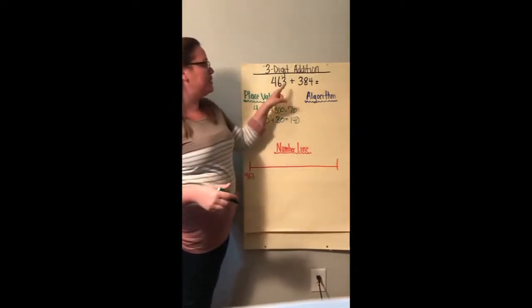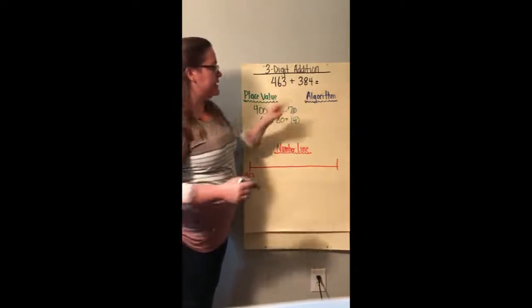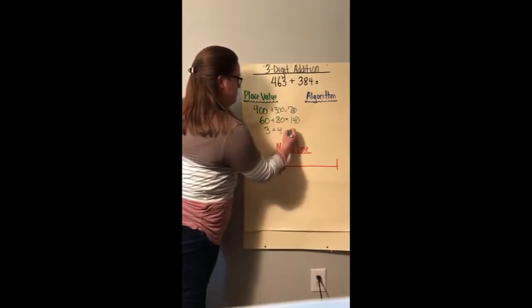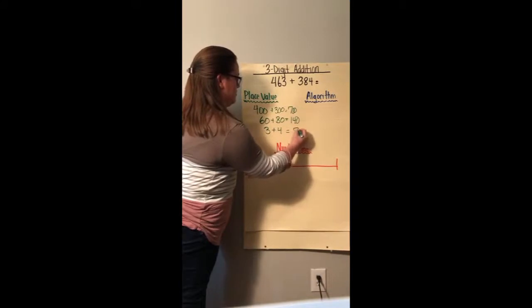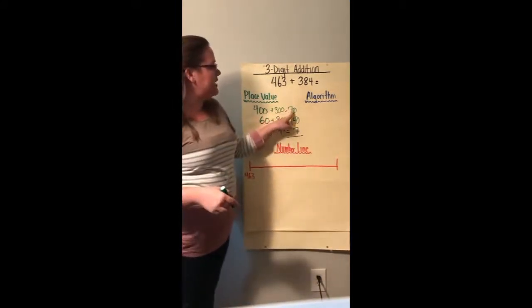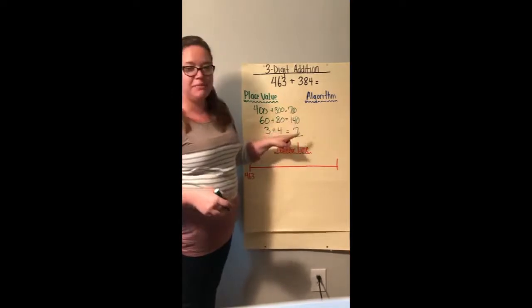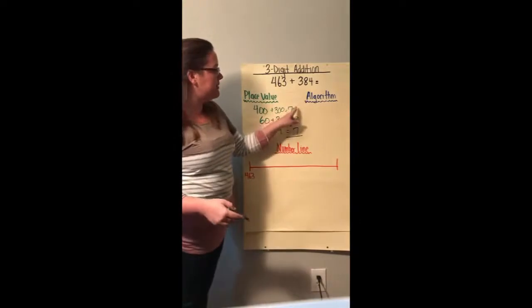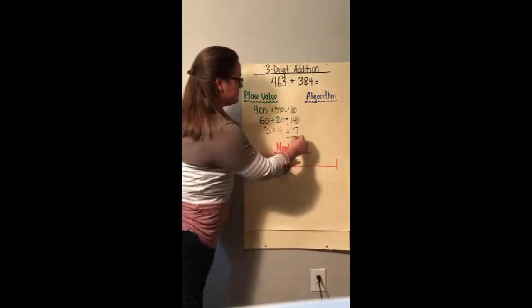And then I'm going to add my ones spot. So 3 plus 4 is 7. My last step is to add the 700, 140, and 7 to get my total. So I'm going to look at my ones spot: 0, 0, and 7.